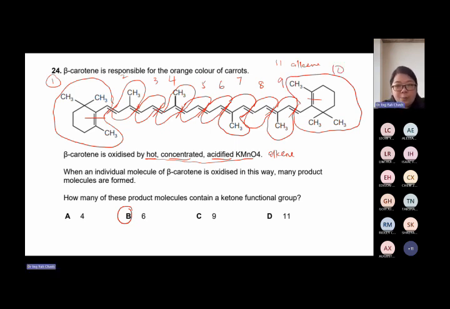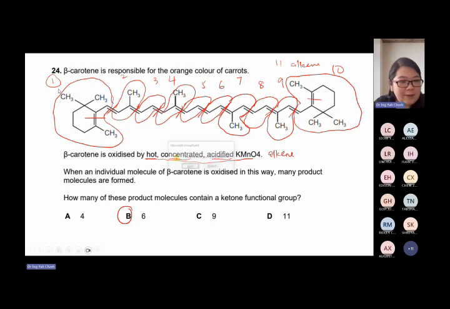Reacting with this hot concentrated acidified KMnO4, beta carotene will give you 10 molecules of products. Now we are supposed to check which product contains a ketone functional group. So we look at the first one. The first molecule, this part is also broken, but because it was in a cyclic structure, when this part is broken, they are still all connected to each other. So you only get one molecule.